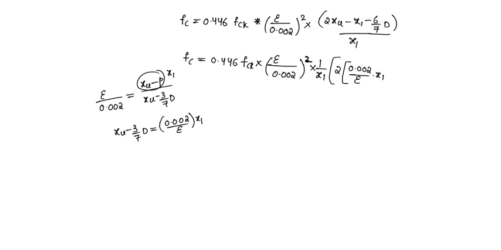On taking 2 as common in the numerator, it can be written as xu minus 3/7 of d minus x1. So this value we substituted back again in terms of x1 minus x1.